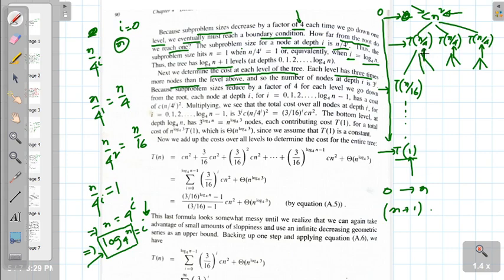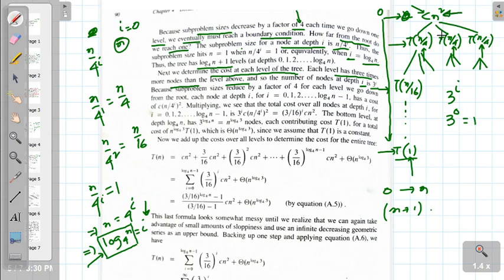So each level has 3 times more nodes than the level above, and the number of nodes at depth i will be 3 power i, because the subproblem size is reduced by a factor of 4 for each level we go down from the root. If i equals 0, it will be 3 power 0, that means 1, the root level.